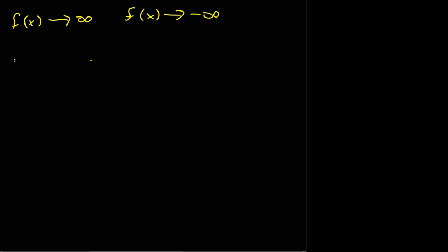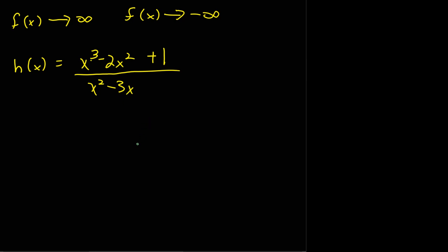But I want to look at that h of x that we had, where we had, what was it, x cubed minus 2x squared plus 1, all over x squared minus 3x plus 2. Now we factored what was downstairs.